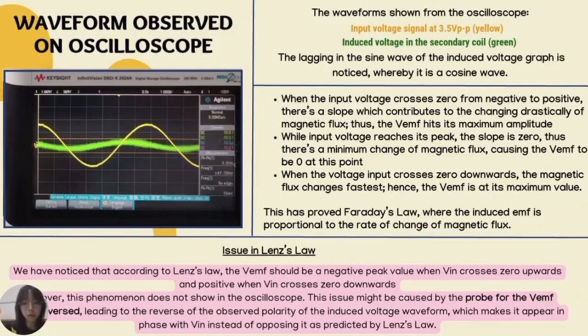This issue might be caused by the probe of VEMF being reversed, leading to a reversal of the observed polarity in the induced voltage waveform, making VEMF appear to be in phase with Vin instead of opposing the Vin direction, as predicted by Lenz's law.